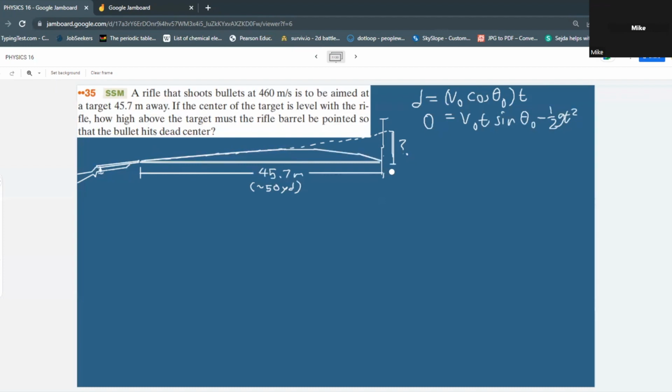Okay, so our unknown here is the angle. And if we know the angle, we can get the height.